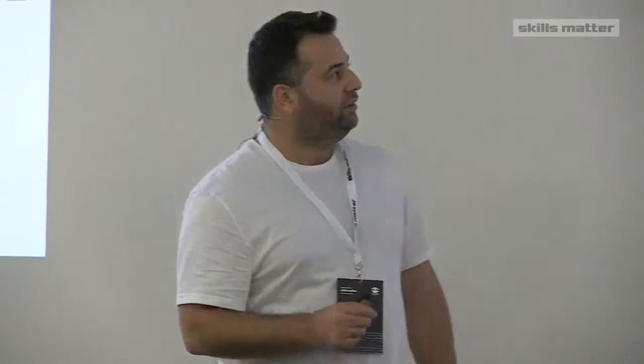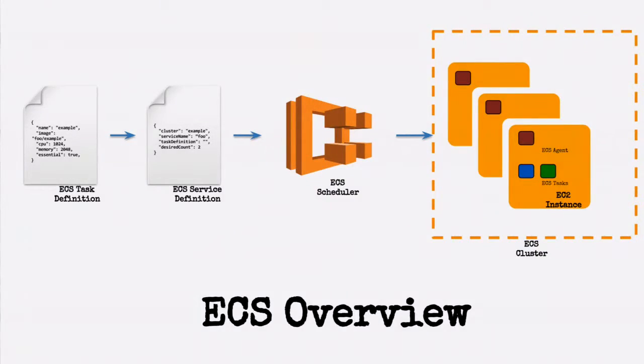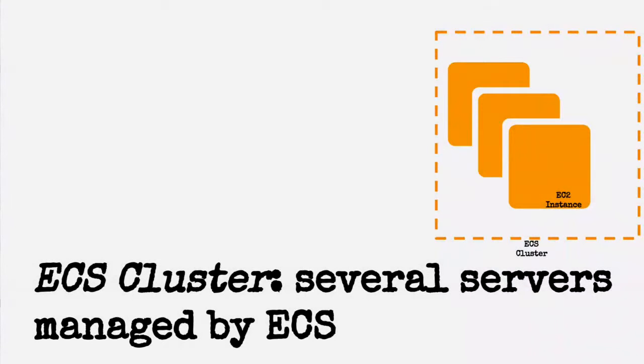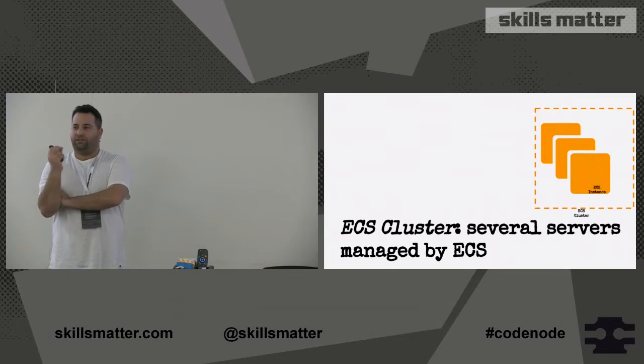So ECS, running Docker. ECS consists of a task definition, a service definition, and a scheduler. All of these combined are deployed to EC2 instances that are managed by ECS. So an ECS cluster can be several servers, EC2 nodes.